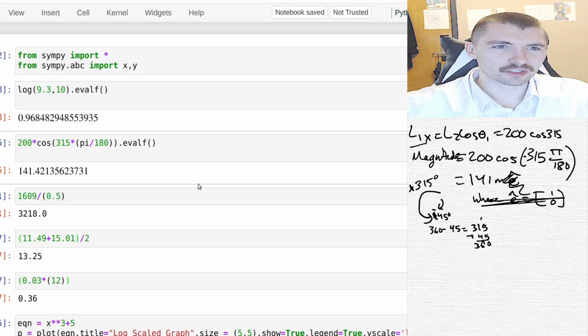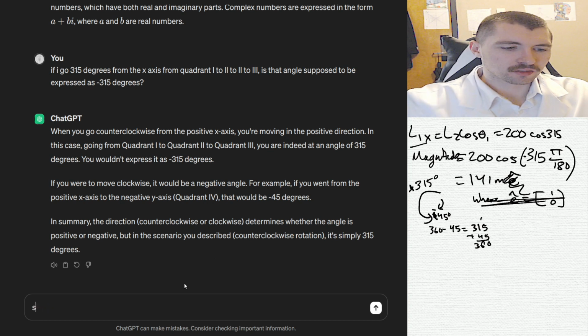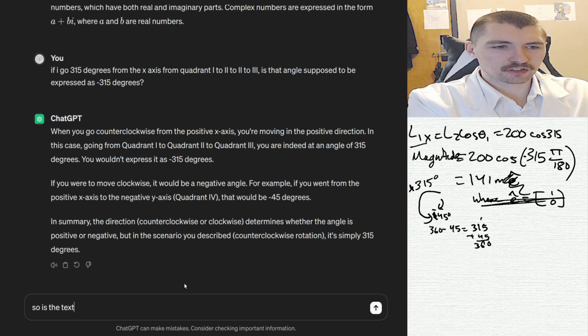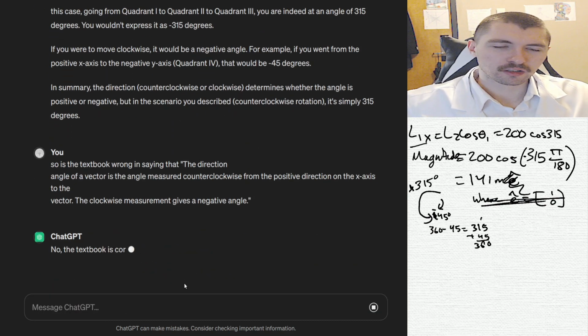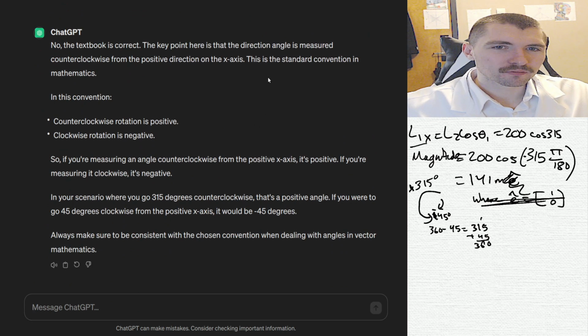Okay, so this is directly counter to the book, isn't it? So is the textbook wrong in saying... so if you're measuring an angle counterclockwise, it's positive.